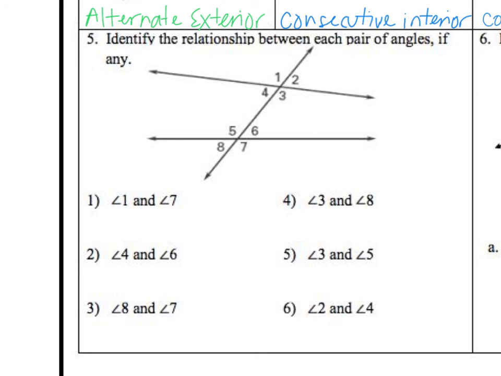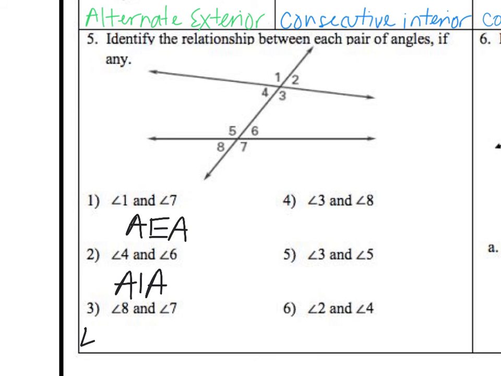1 and 7 are what? Alternate exterior. AEA. Number 2, 4 and 6 are what, guys? Alternate interior. AIA. 8 and 7.